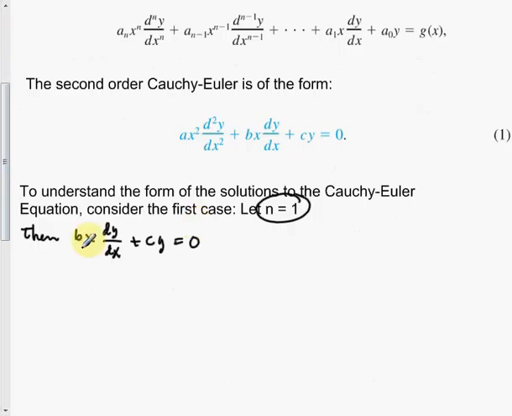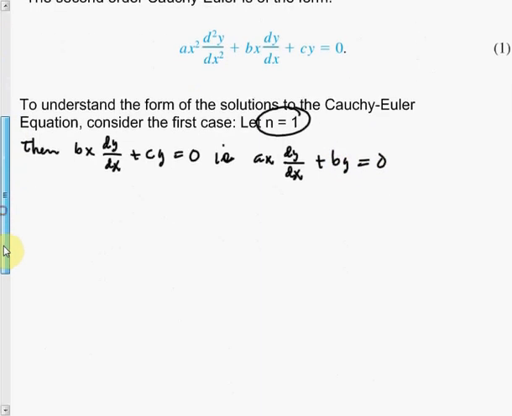Now I'm going to clean that up. Instead of having b and c, I'm going to put a and b. So we can write this as ax times dy over dx plus b times y is equal to 0.